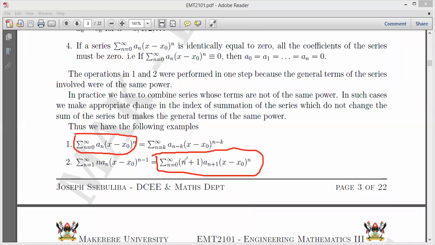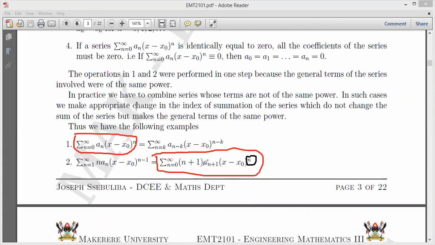But when we talk of comparing or dealing with series, the target is usually the power, which is this one here. This should be the same. And then you are summing from what to what? We are summing from n equal to 0 to infinity. Here we are also summing from n equal to 0 to infinity, and the power is the same.